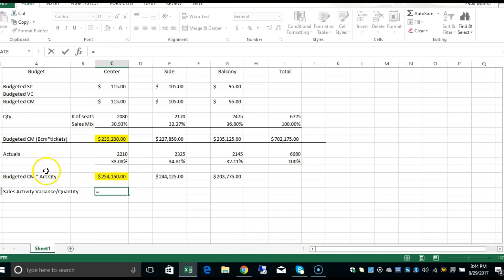Because this is actual oriented, if the actual is higher than the budget on a contribution margin approach, we have a favorable variance, and I will put an F there for favorable.